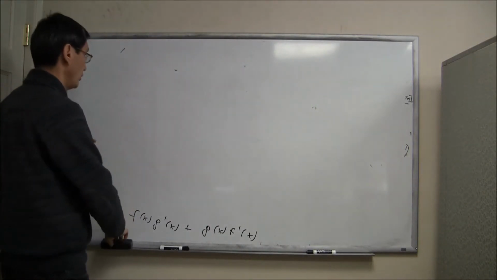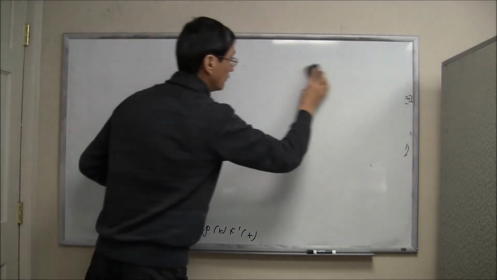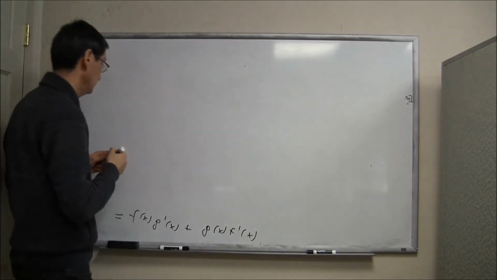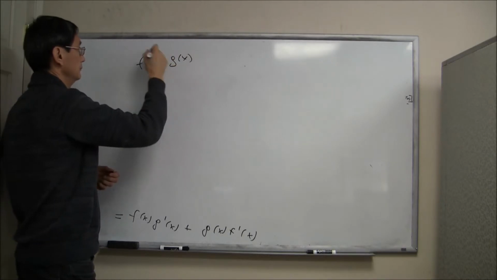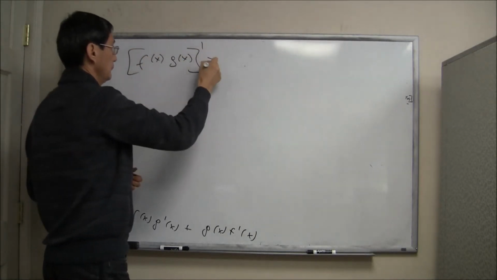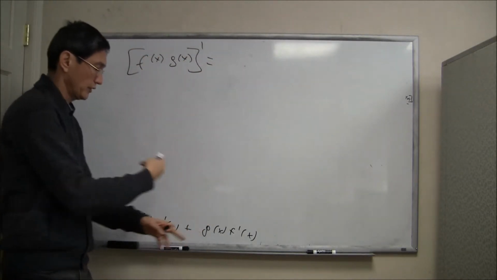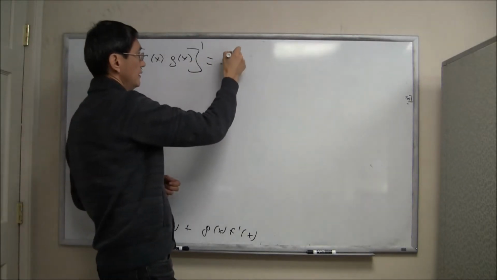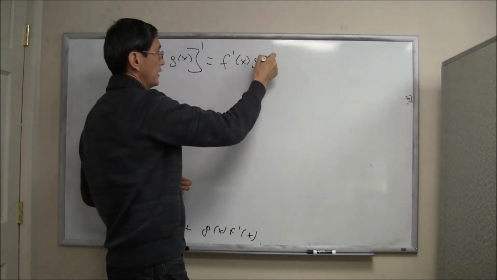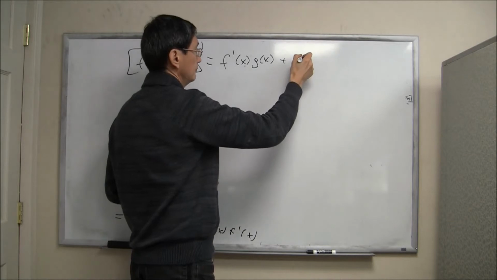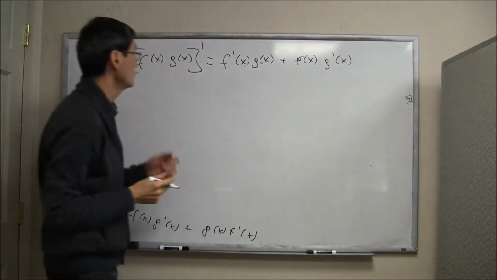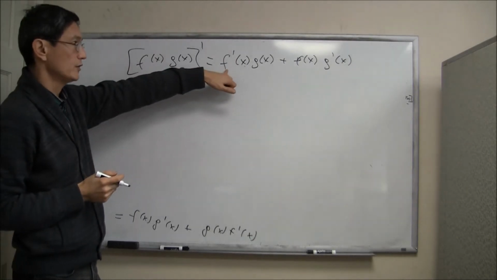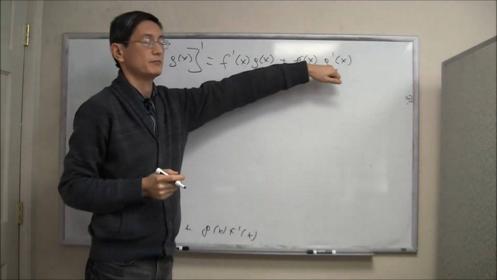So the derivative of a product of 2 functions equals, I'm going to switch the order, it's a common way to write it: the derivative of the first times the second plus the first times the derivative of the second.